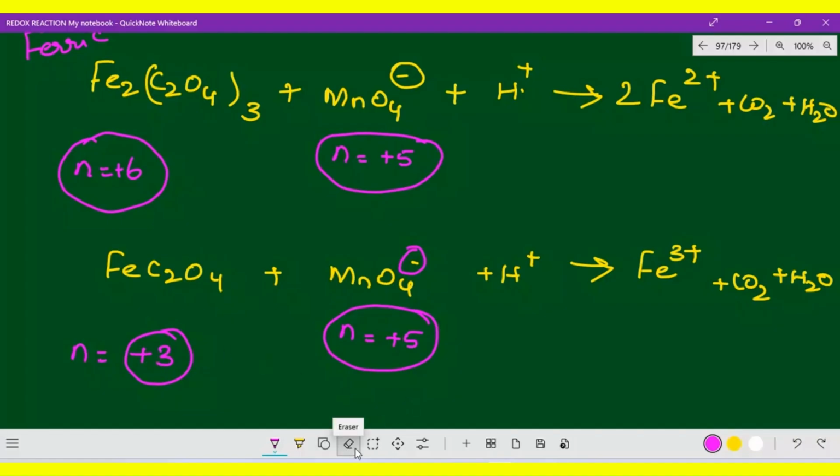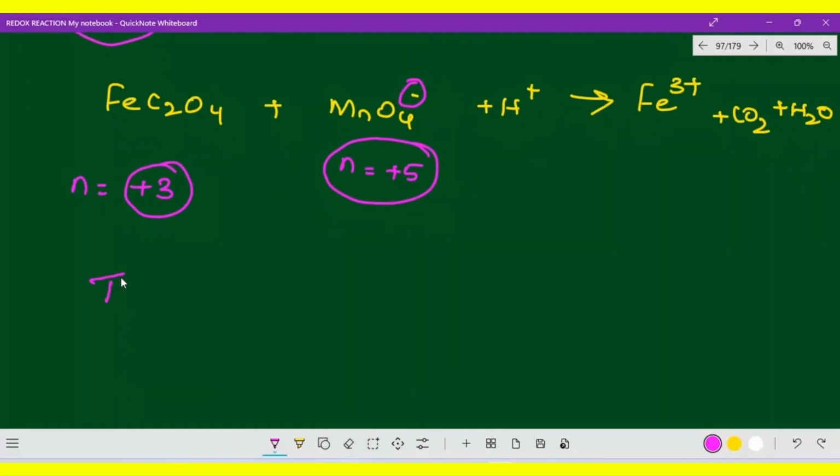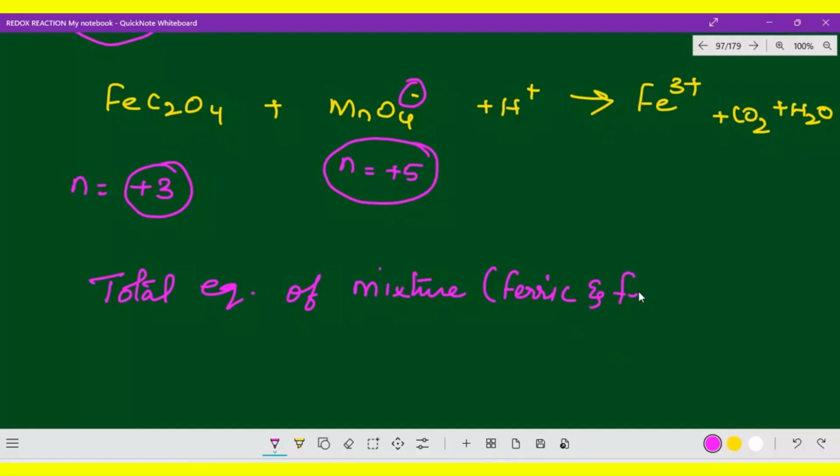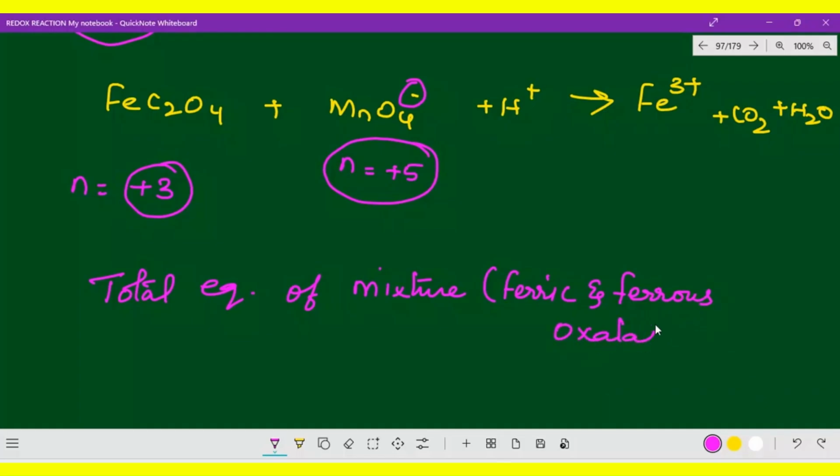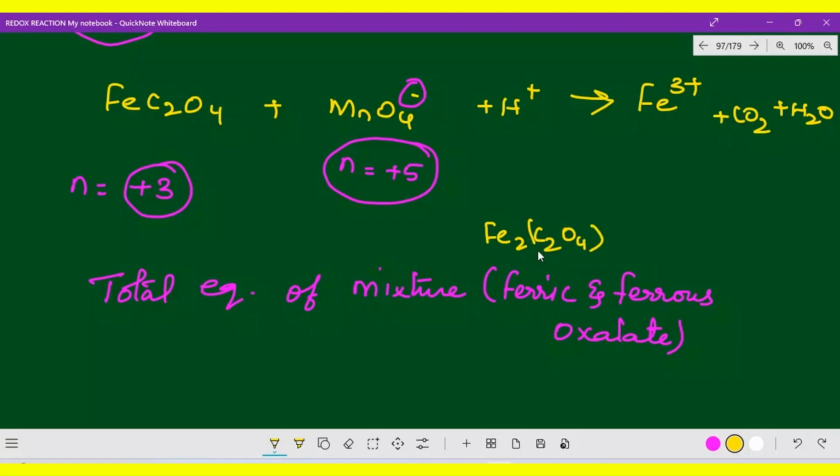So now total equivalence of these two, total equivalence of the mixture of ferric and ferrous oxalate, that is Fe2(C2O4)3 plus FeC2O4.